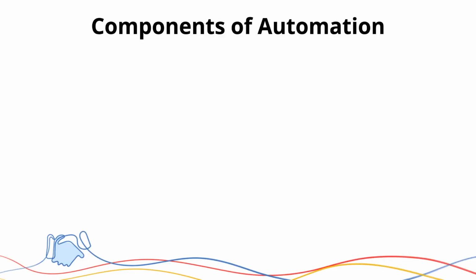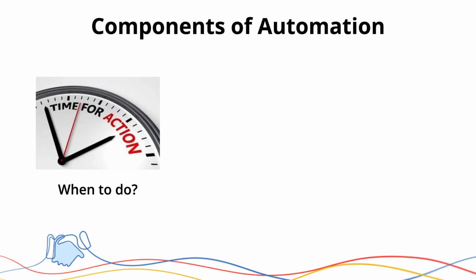There are mainly two kinds of information that we would like to provide to the system so that the automation happens seamlessly. Number one is the time at which the action needs to be triggered, or you may also call it a trigger point.